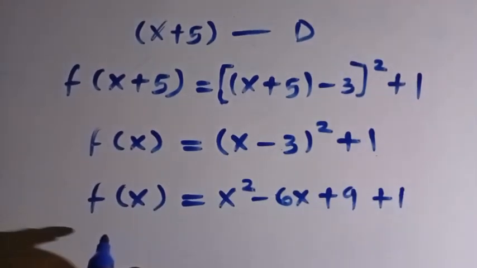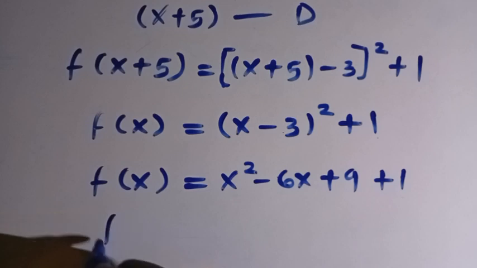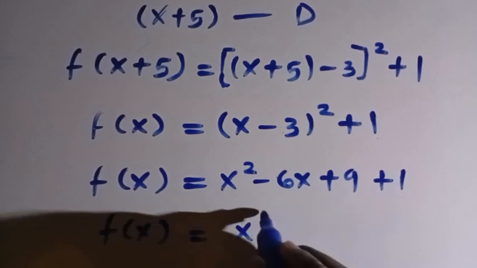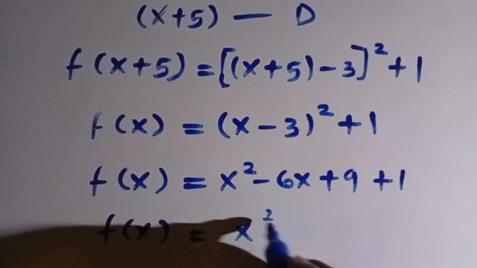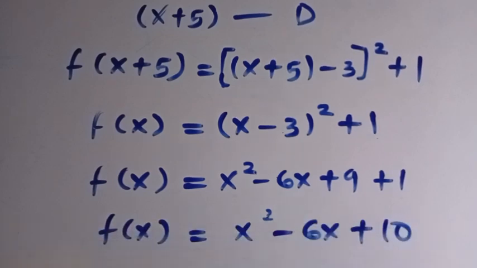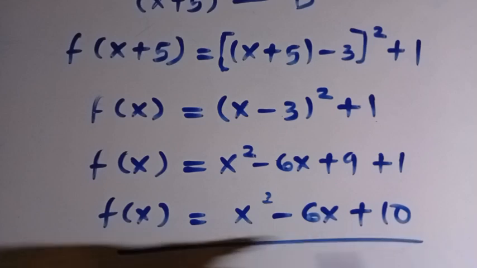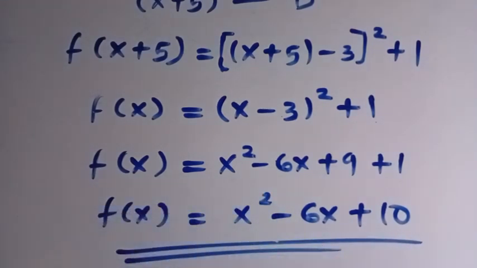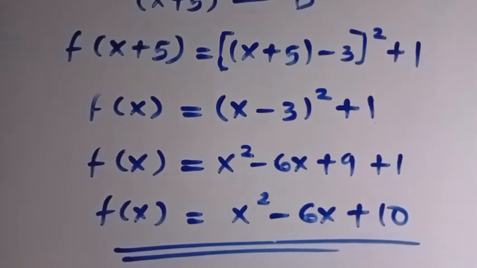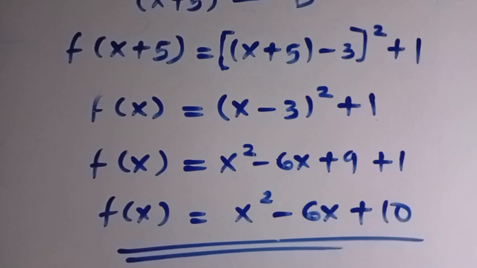Therefore we have f of x equals x squared minus 6x plus 10. So here is the result using the form manipulation method. So let's see another method of solving this. Let's consider the second method and see which one is more effective for solving these functional equations.